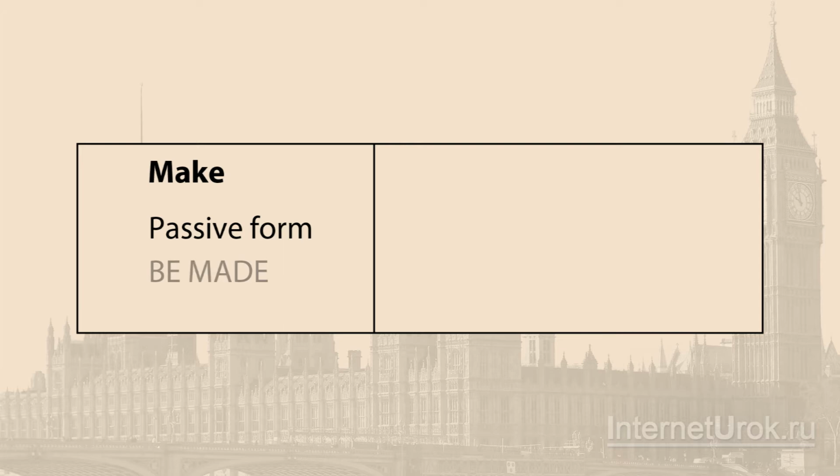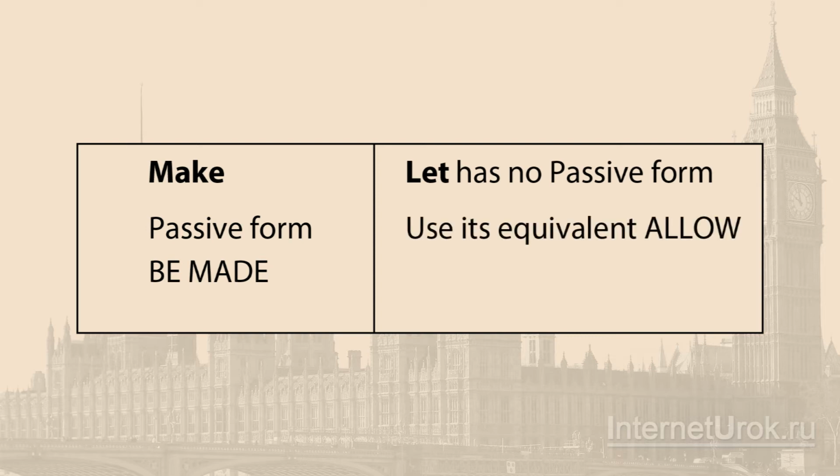In the beginning of our lesson, I mentioned the verbs be made and be allowed. Now you will know how to use them with the complex object construction. The passive form of make is be made. We do not normally use let in passive. That's why we use its equivalent, allow.